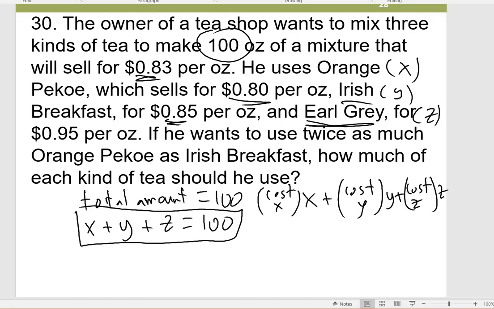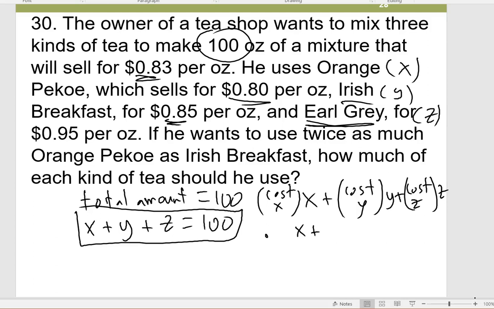What is the cost of orange Pico? Well, 83 cents times X, whatever that is. What is the cost of Irish breakfast? What was it? 80? I'm messing up already. Orange Pico is 80.